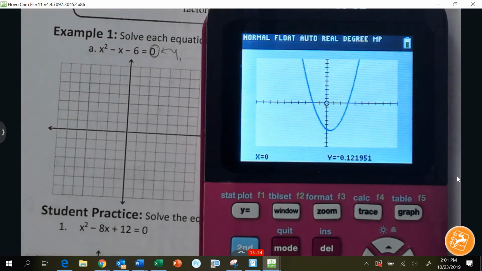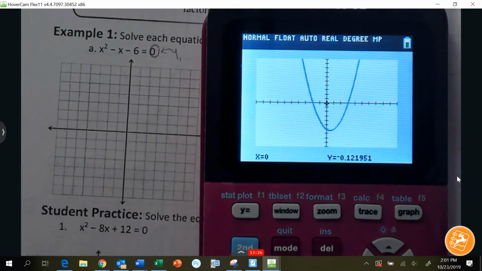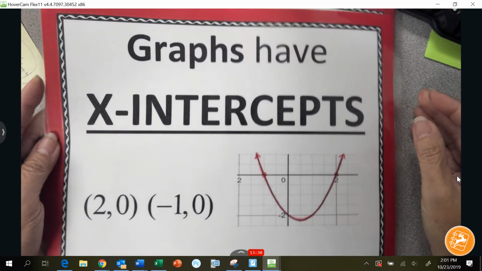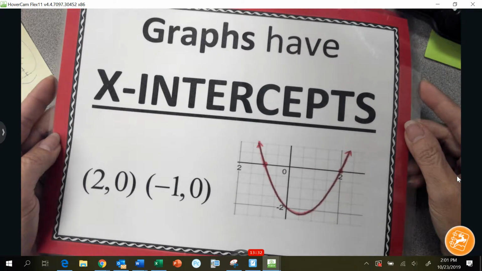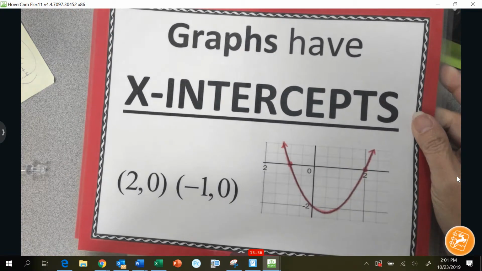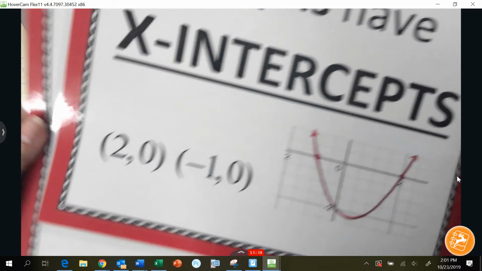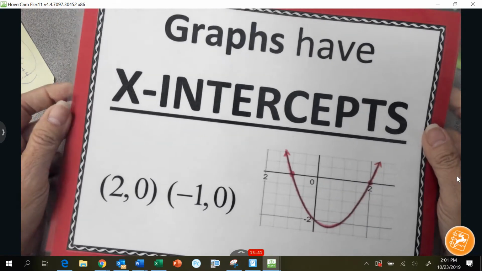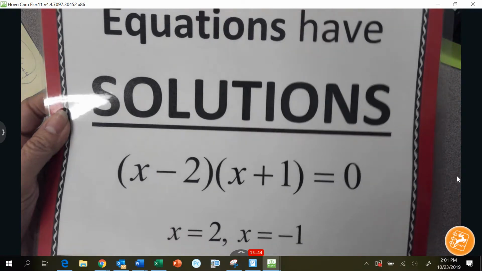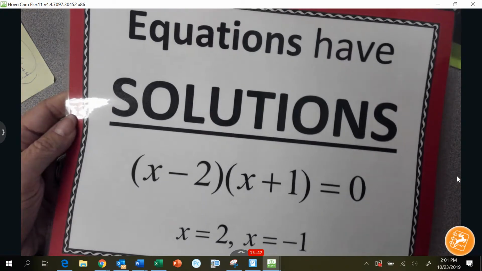That would be x-intercepts. So if I'm solving this graphically, I can interchange these things because they're all related. I can look at my x-intercepts, and that will be the solutions.